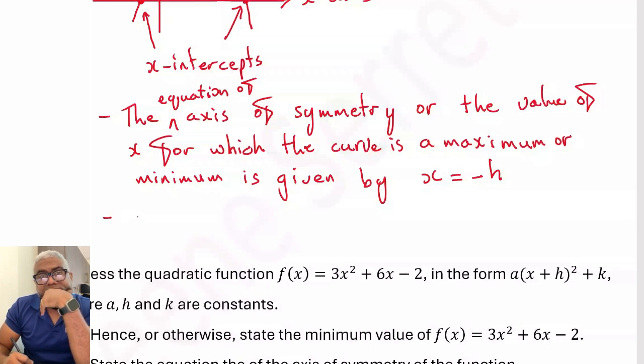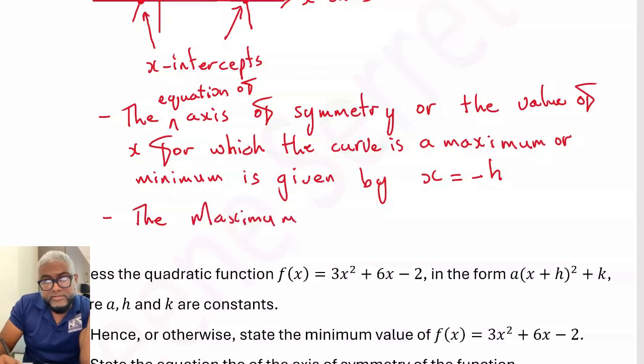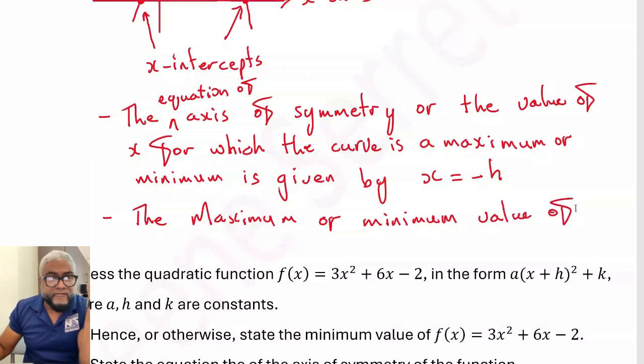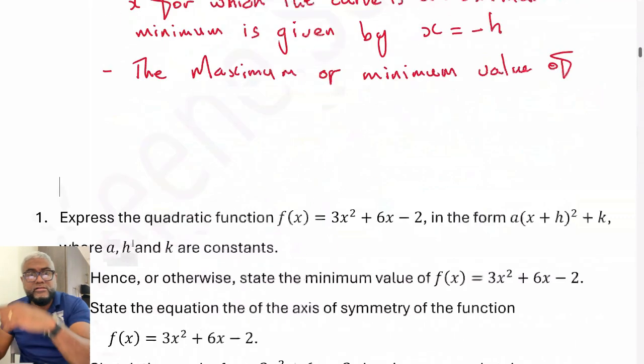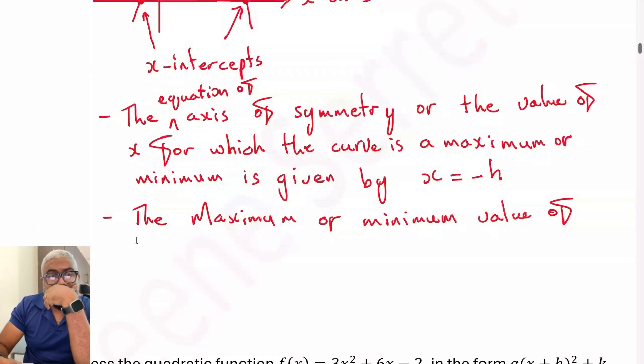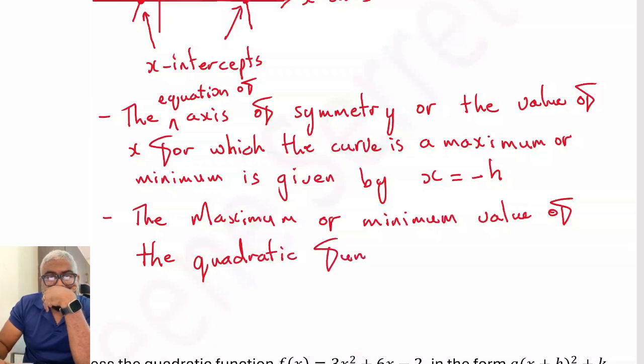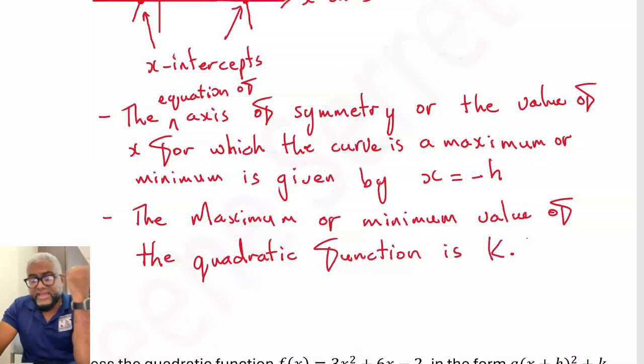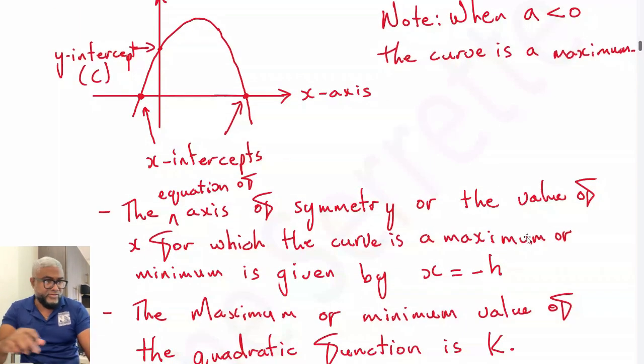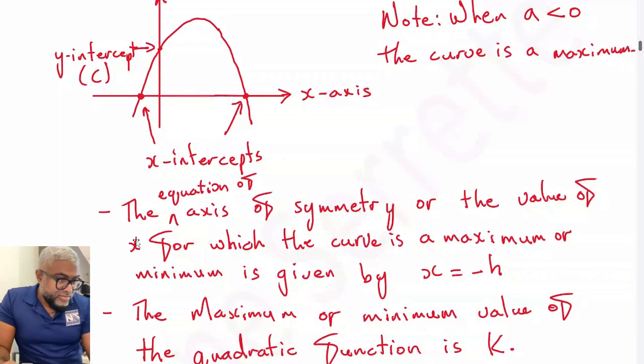And then the maximum or minimum value of the quadratic function is k. Whatever k is, that is your maximum or minimum value.